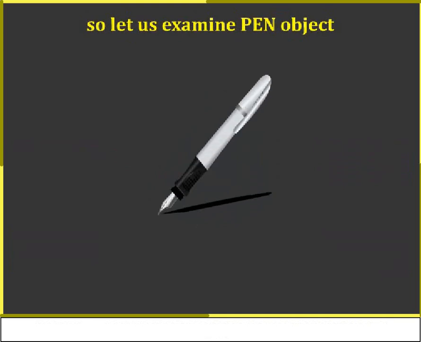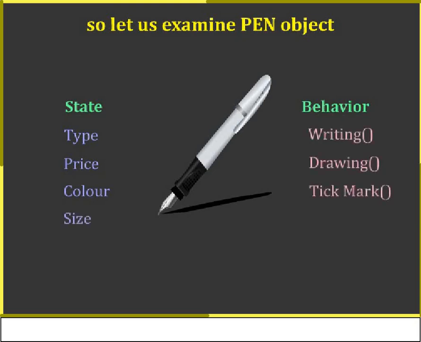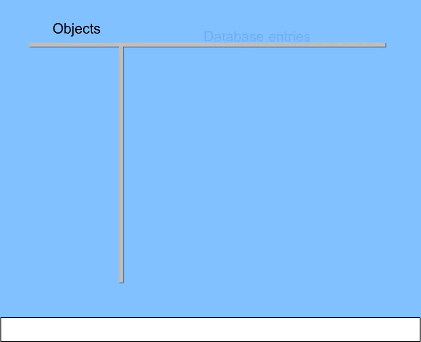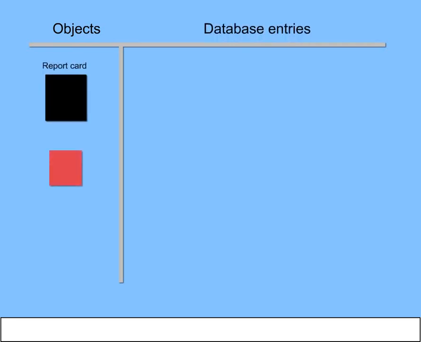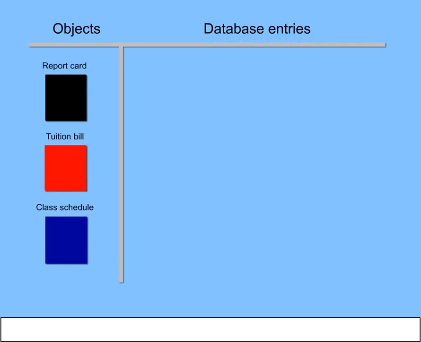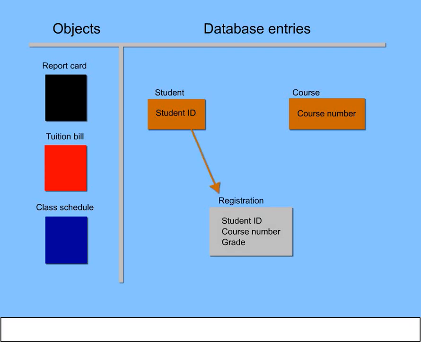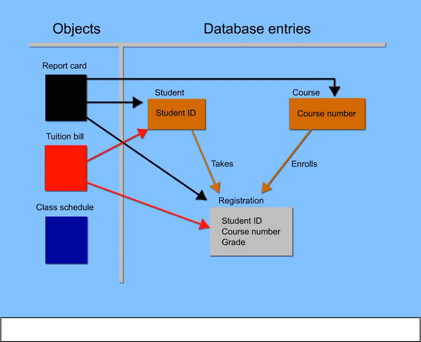So, let us examine pen object. Objects, database entries, an example of object-oriented database.